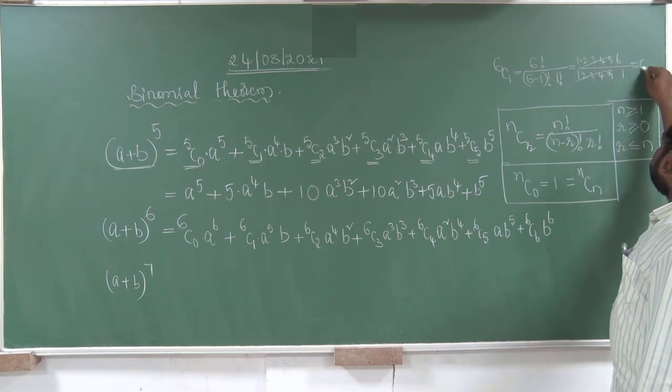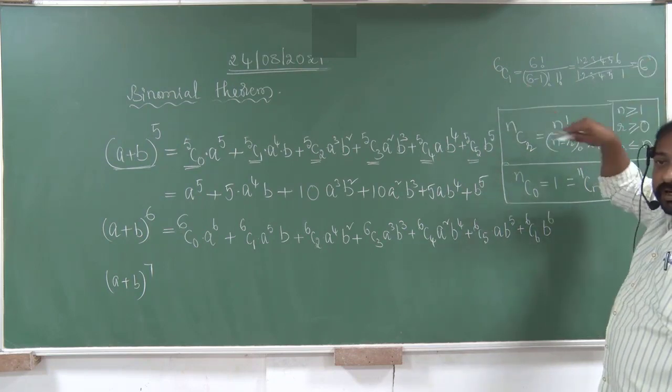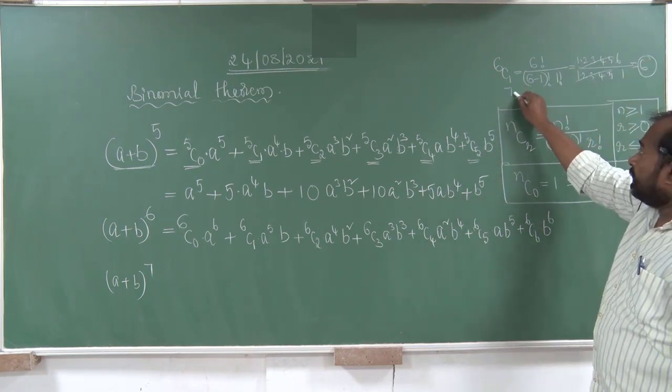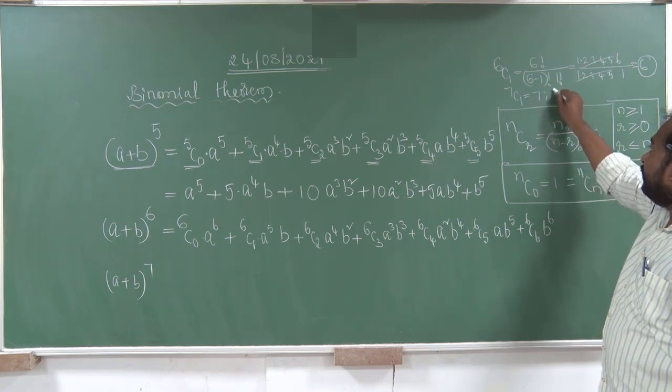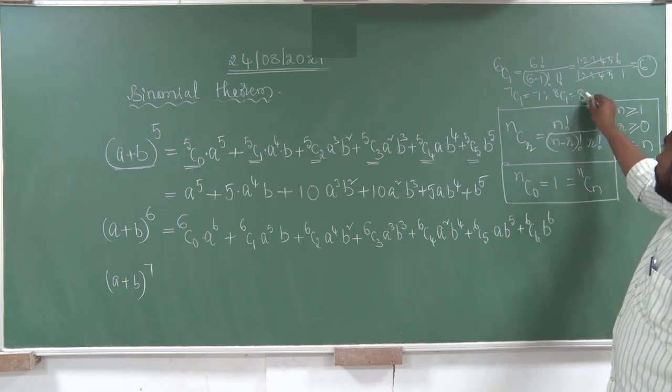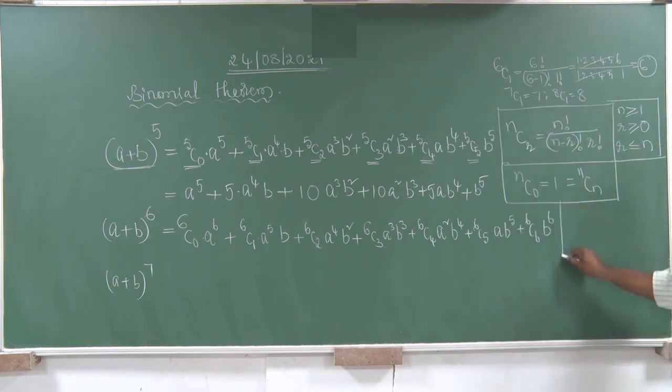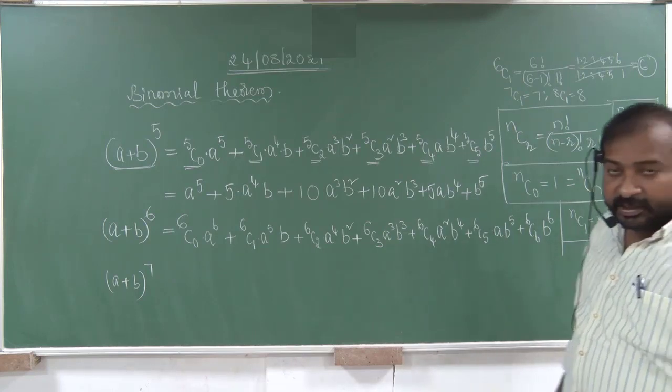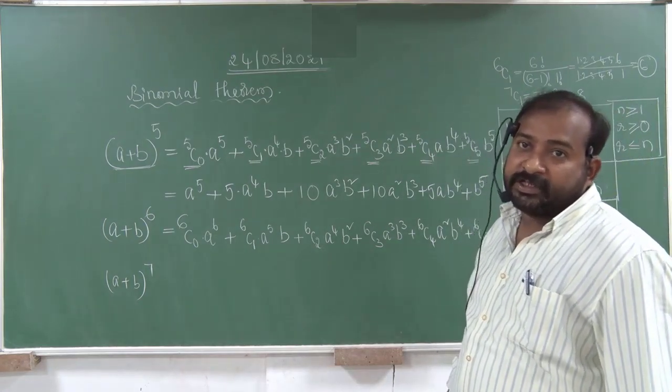Both get cancelled. 6 is the value, so 6C1 is 6. Even if you calculate 7C1, the value is 7, and 8C1 is 8. By generalizing this, we can write nC1 is equal to n. Got it? So this is the method to identify the binomial expansions.